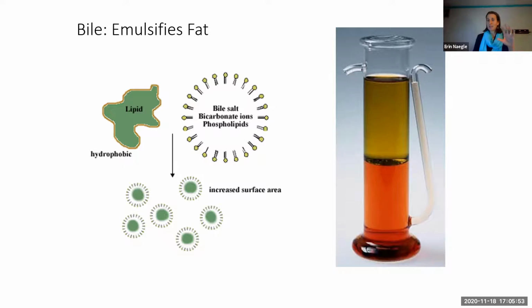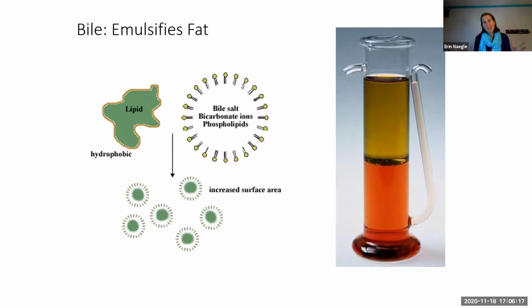They do this thing called segmentation, which basically means they're just kind of squishing or milking. Instead of milking in one direction, which would be peristalsis, it's kind of squishing stuff back together. And so the chyme, or the digesting food, is kind of swishing around. And what that does is it takes a big glob of fat and breaks it up into smaller pieces, emulsification.